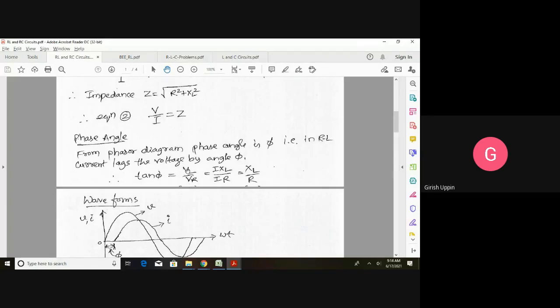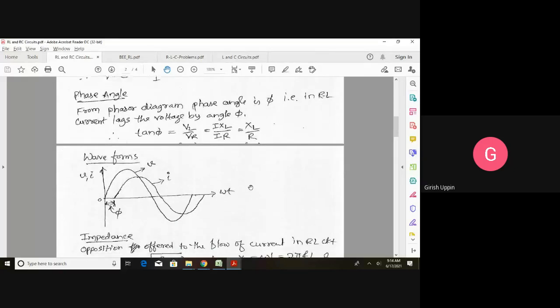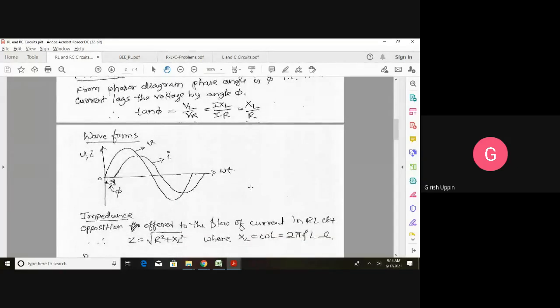Tan phi is equal to either VL by VR or XL by R. So phi is equal to tan inverse of VL by VR or tan inverse of XL by R. That is how you are going to find the phase angle between the voltage and the current. So in case of a RL circuit, remember current lags the voltage by angle phi.